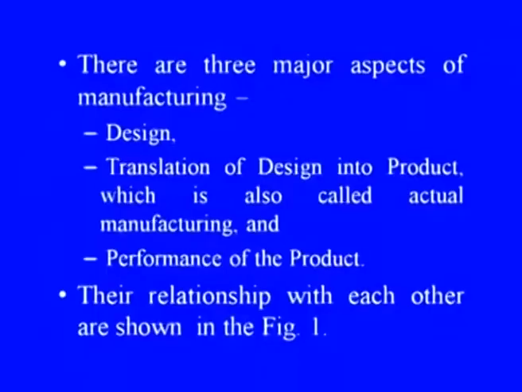First, let us look into the different aspects of manufacturing. There are three major aspects of manufacturing: design, translation of design into product, which is also called actual manufacturing, and performance of the product.